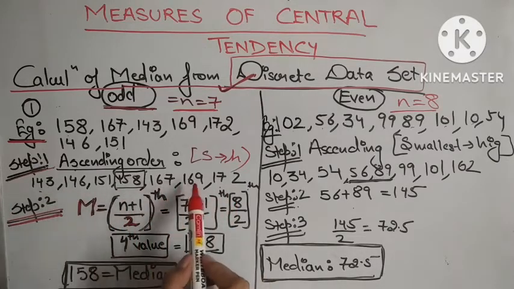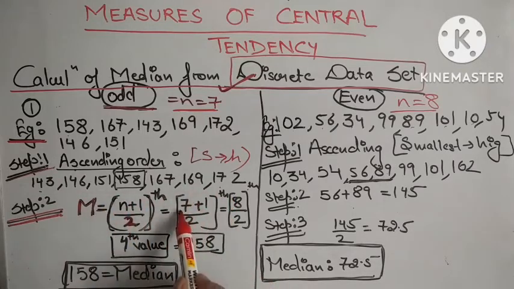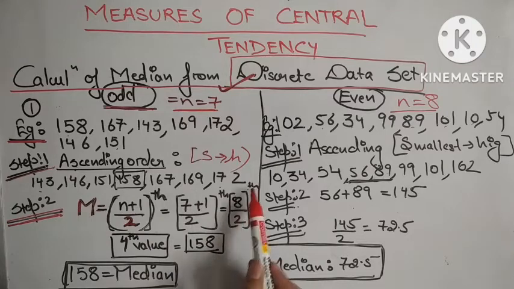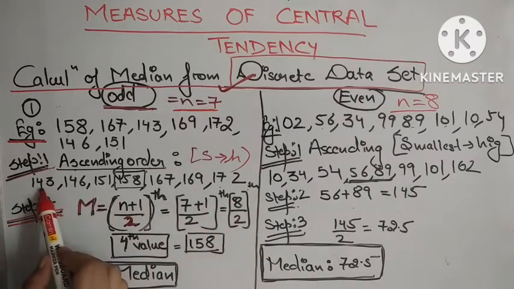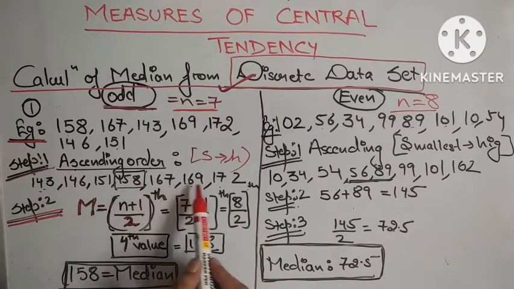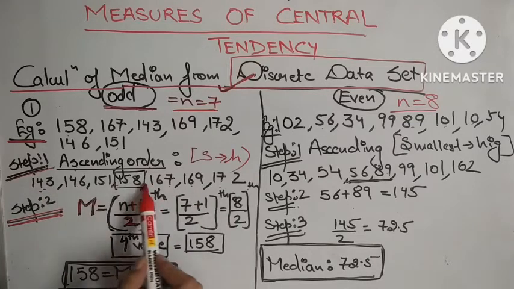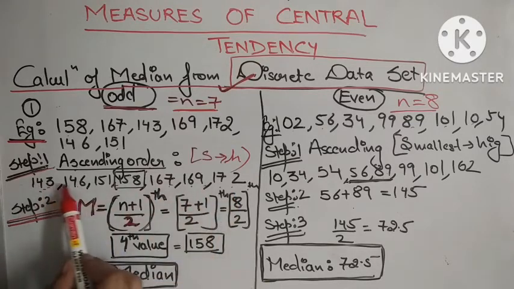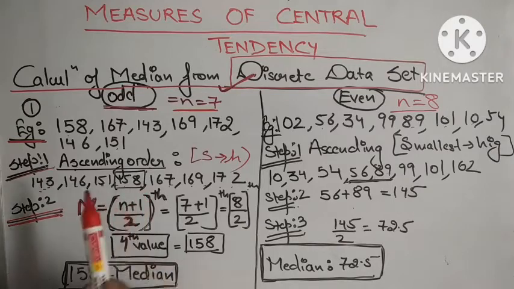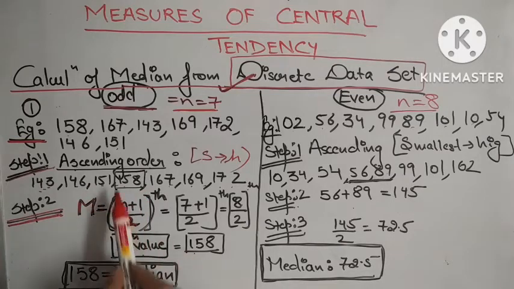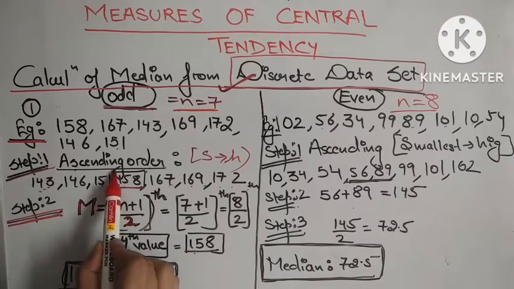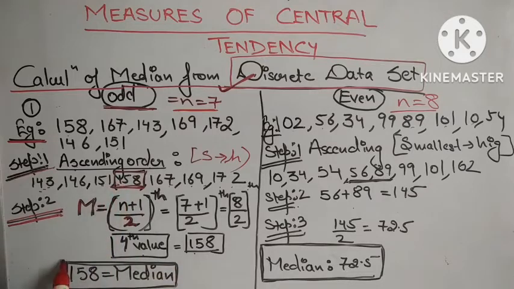Here the total number of values is 7. So 7 plus 1 by 2th value, that is 8 by 2, that is the 4th value in your data set arranged in ascending order. The fourth value, 158, is your answer. 158 is the median for this particular set of values.